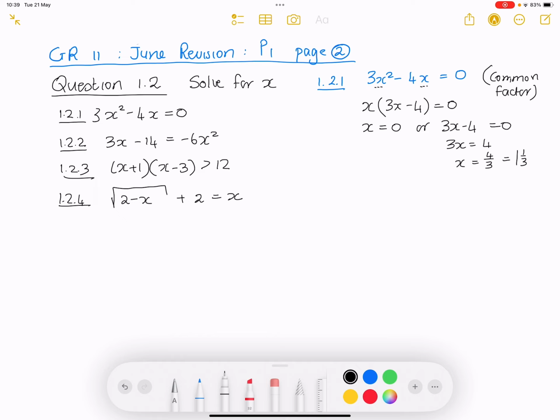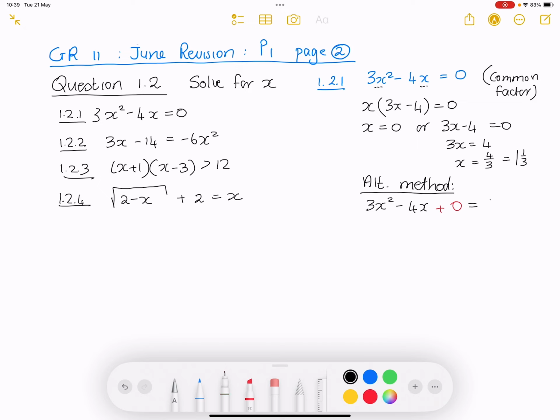An alternate method was to write down the equation 3x squared minus 4x, and then I would add plus 0 is equal to 0.